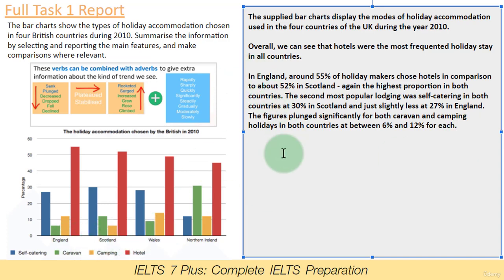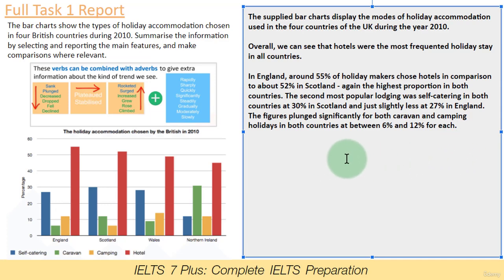Let's have a quick read back. In England, around 55% of holidaymakers chose hotels in comparison to about 52% in Scotland. Hyphen, love that punctuation. Again, the highest proportion in both countries. The second most popular lodging was self-catering in both countries at 30% in Scotland and just slightly less at 20% in England.